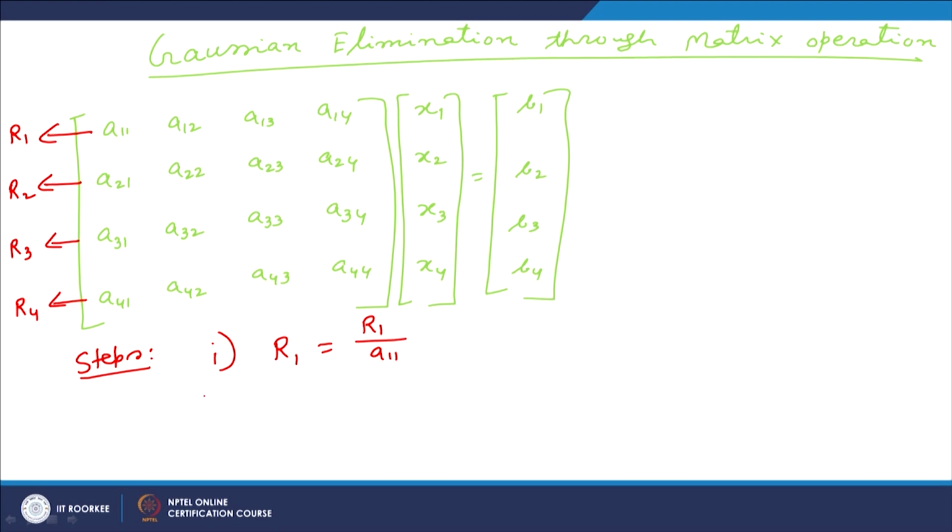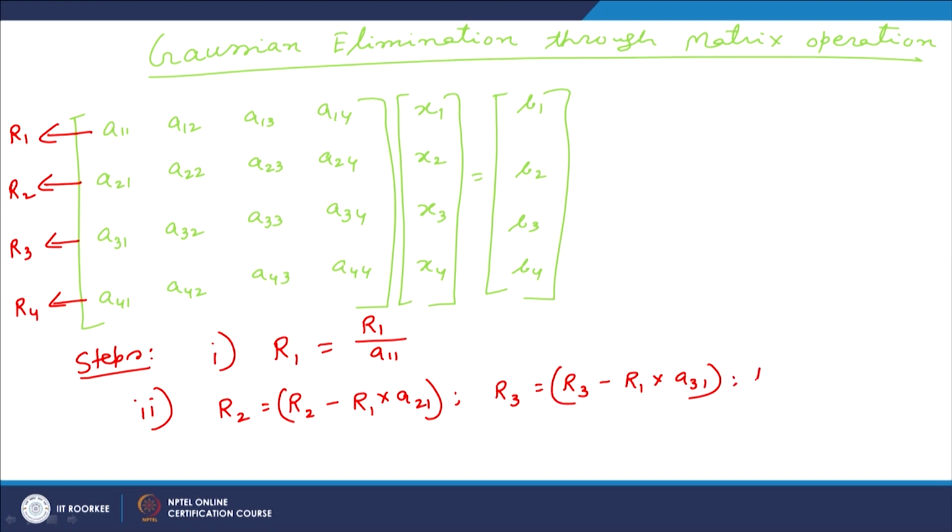Then in step 2, we replace R2 with R2 minus R1 into A21, R3 as R3 minus R1 into A31, and R4 as R4 minus R1 into A41. So, we get these new rows.